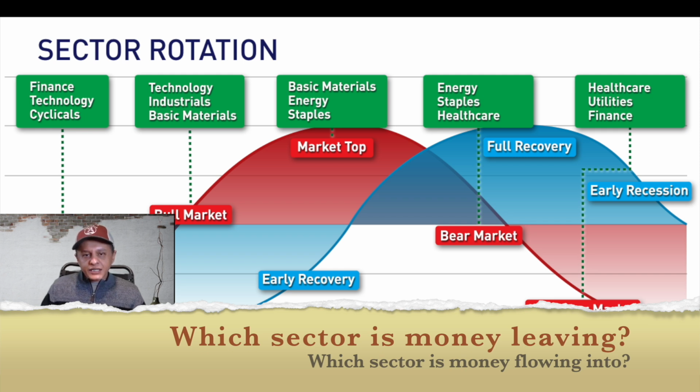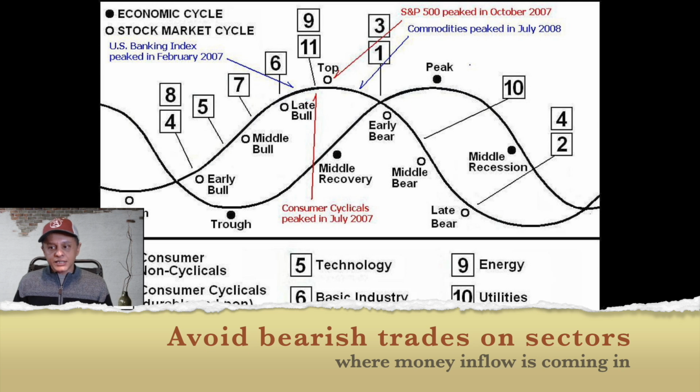Whichever sectors money is coming out from, you could take bearish trades on that sector, and wherever money is going into, you take bullish trades on that sector. Another way of thinking of that is if you can see there is money inflow coming into a sector, you would want to avoid taking bearish setups on that sector.